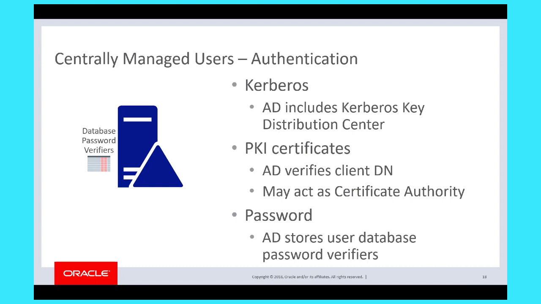Just like with Enterprise User Security, if you want to log in to a centrally managed user using password, then that means that you have to have somewhere available a password verifier that contains the hash representation of the user's password, now the password within Active Directory.